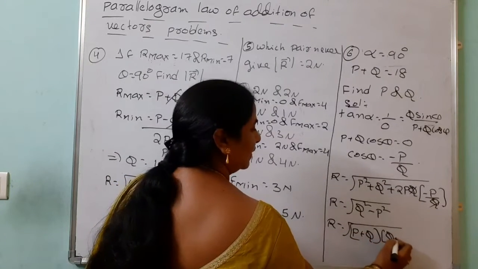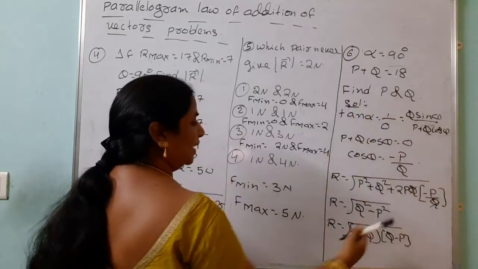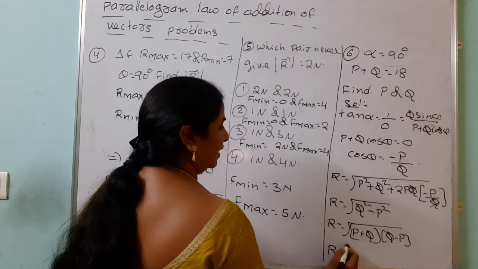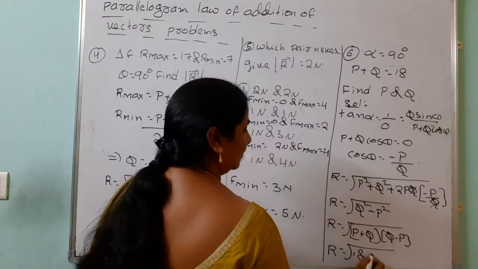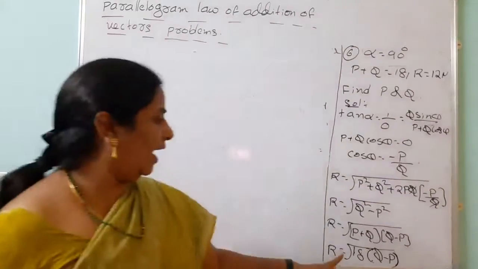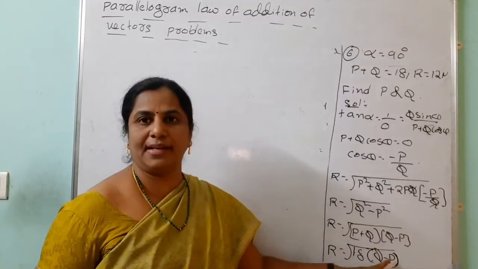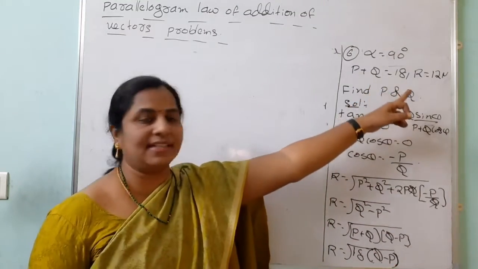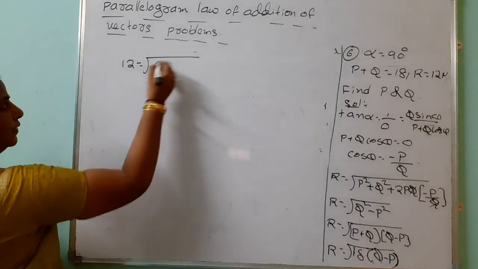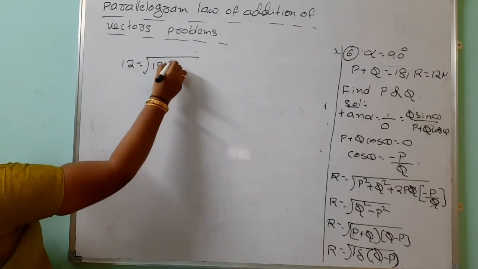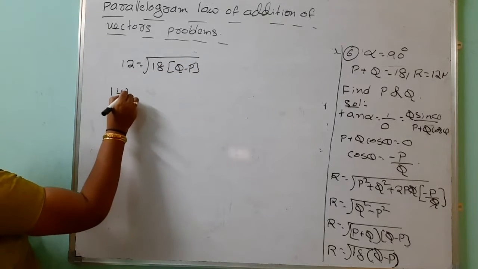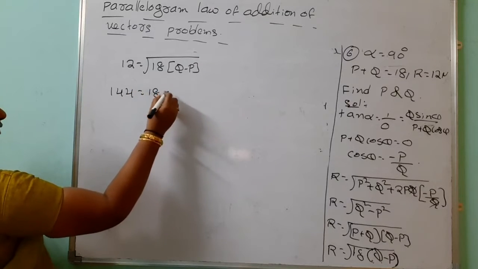This is the resultant. Now look here, R equals under root P plus Q into Q minus P. In our problem they have given the maximum 18. So resultant R equals under root 18 into Q minus P. In our problem they have also given the resultant, so we should substitute in this. 12 equals under root 18 into Q minus P. On both sides we take the square, 144, and the under root is cancelled.